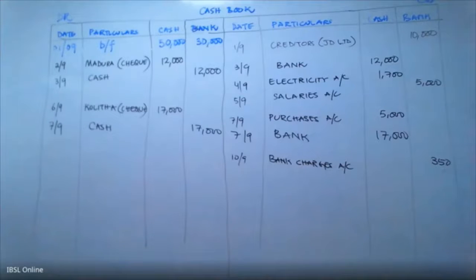So the next one, they say a check was encashed for 2,000 for a customer. That's very interesting. A check was encashed for rupees 2,000 for a customer. Now, who is a customer for you?